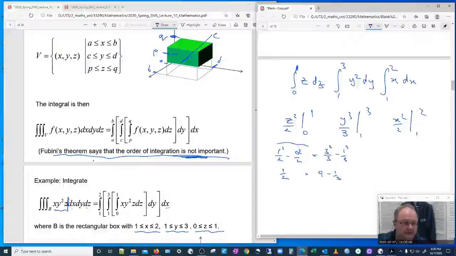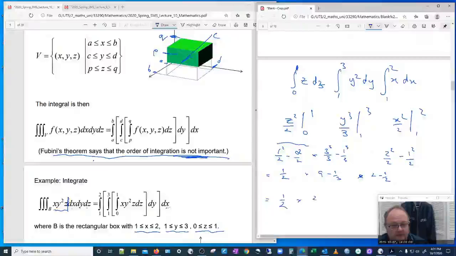For this one here, we've got 2 squared over 2 minus 1 squared over 2. 4 over 2 is just 2. 2 minus a half. So just be careful with all of your fractions and what you are adding and summing and what you are multiplying. So this is a half.